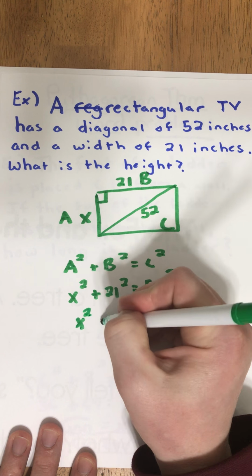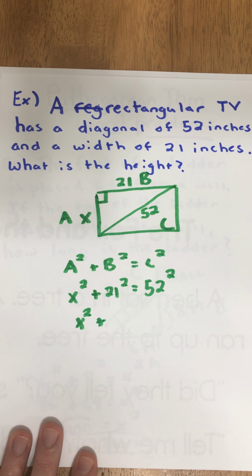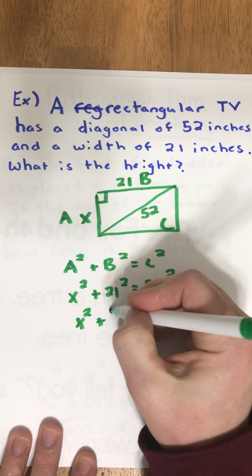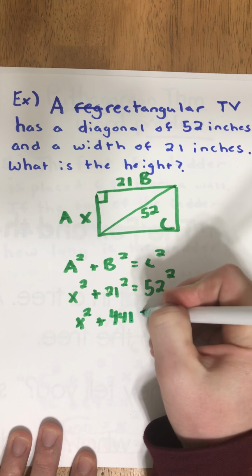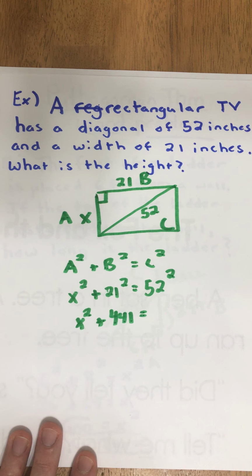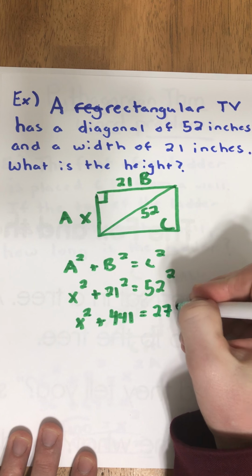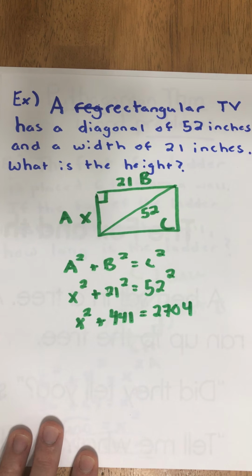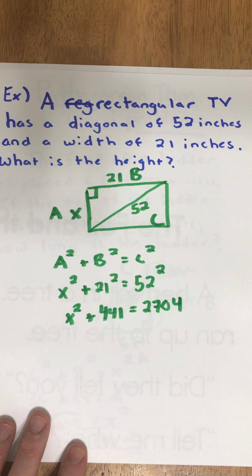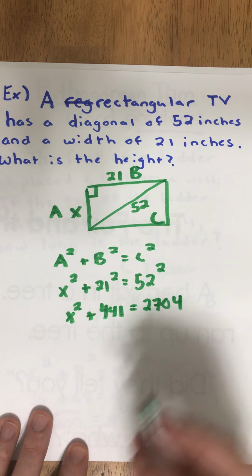So x squared plus 21 squared, you can put that in your calculator if you need some help with that. That's going to be 441 equals 52 squared, which will be 2,704.